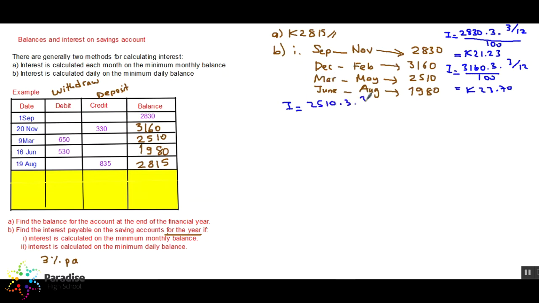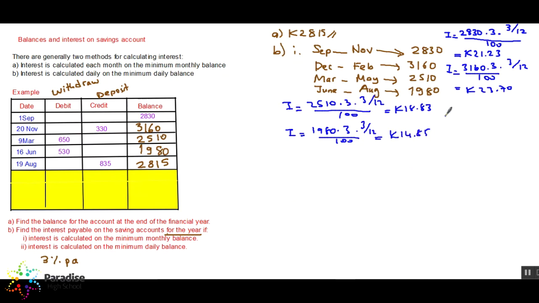March, April, May, again 3 months, divided by 100. That is 2,510 times 9 divided by 1,200, which is 18.83 kina. And the other is 1,980 times 3 times June, July, August, again 3 months, 3 over 12 over 100. So that makes 1,980 times 9 over 1,200.